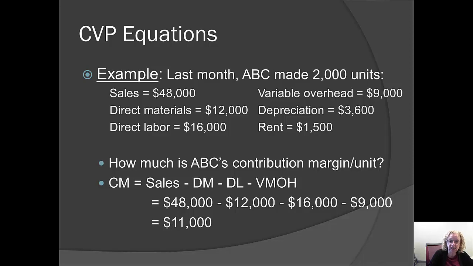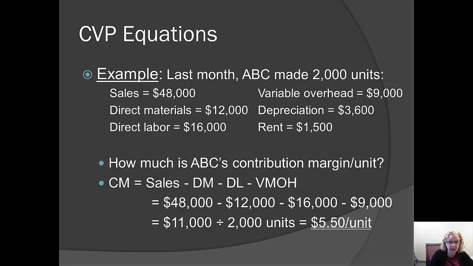But this question asks, how much is the contribution margin per unit? That means we have to divide by 2,000 units, and that tells us that each unit contributes $5.50 to the firm after it has covered its own variable cost. Now, what happens to that $5.50?